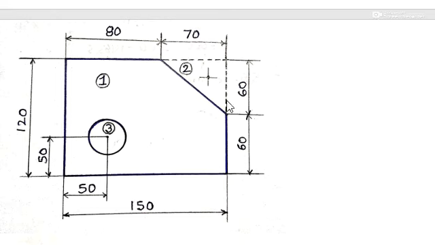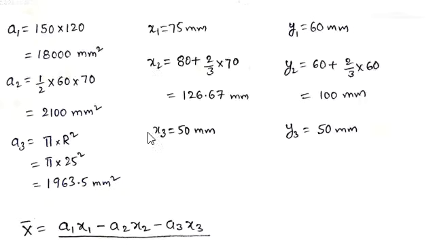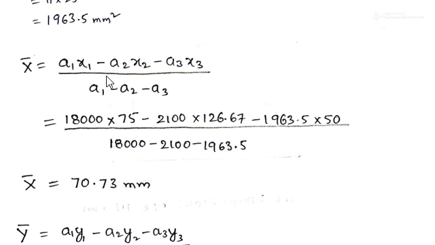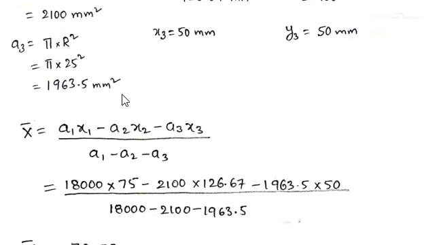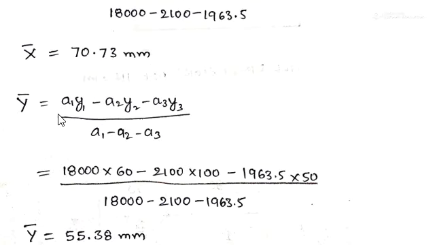So to get the centroid of this remaining portion, we are removing area 2 and area 3. For that reason we have to write the formula a1 x1 minus a2 x2 minus a3 x3 by a1 minus a2 minus a3, because area 2 and area 3 we are removing. And also the y bar formula, a1 y1 minus a2 y2 minus a3 y3 by a1 minus a2 minus a3.